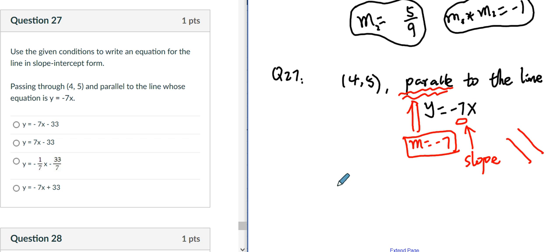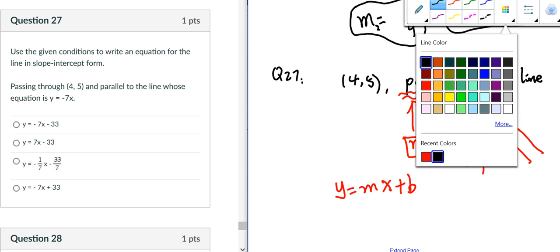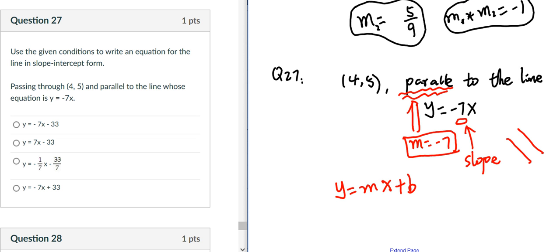So by the slope-intercept form, we know this value m already. It is negative 7, so that will be y equals negative 7x plus b.